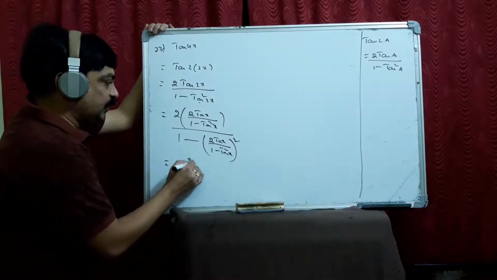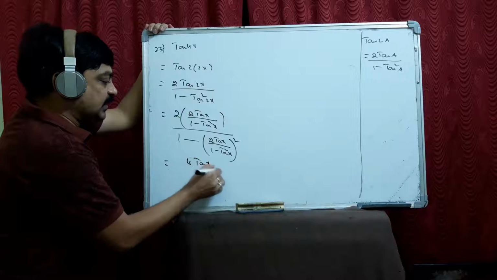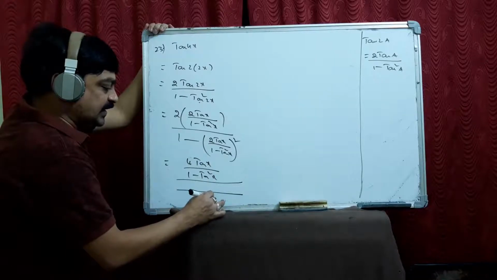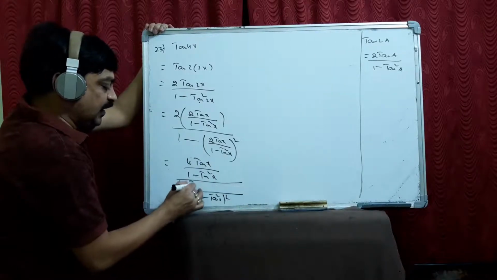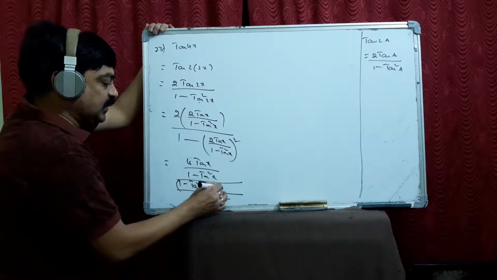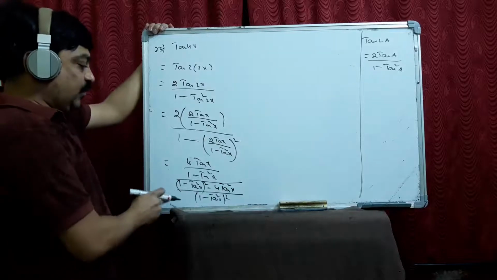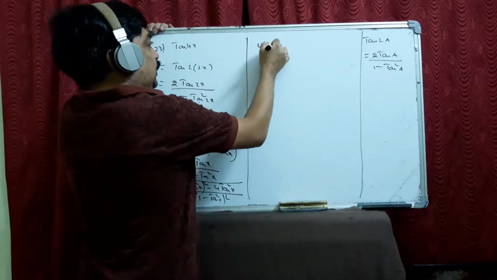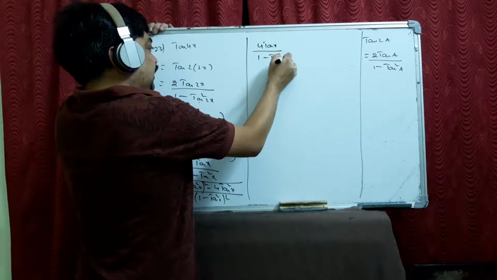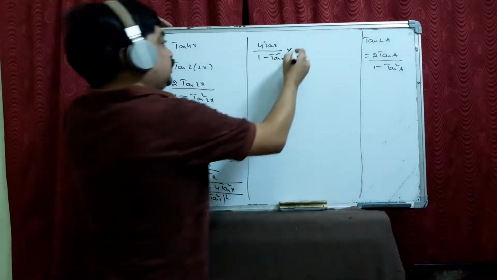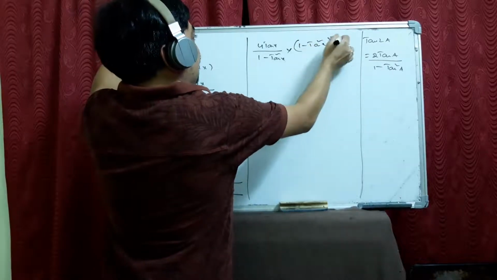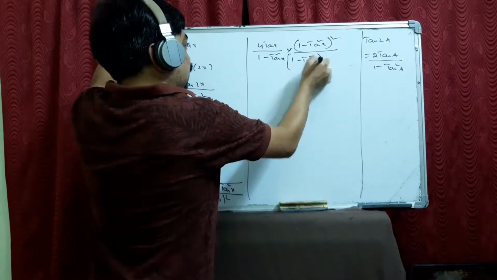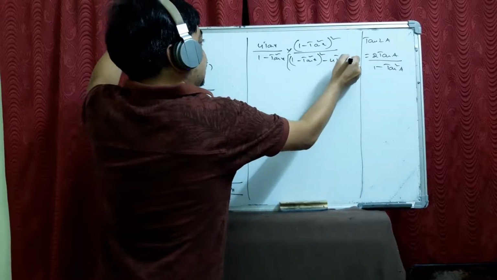Now the numerator becomes 2 into 2, 4 tan x by 1 minus tan square x. The denominator becomes, taking LCM, 1 minus tan square x whole square minus 4 tan square x. Now, when you have a fraction upon a fraction, we take multiplication of the reciprocal. 4 tan x by 1 minus tan square x into 1 minus tan square x whole square by 1 minus tan square x whole square minus 4 tan square x.